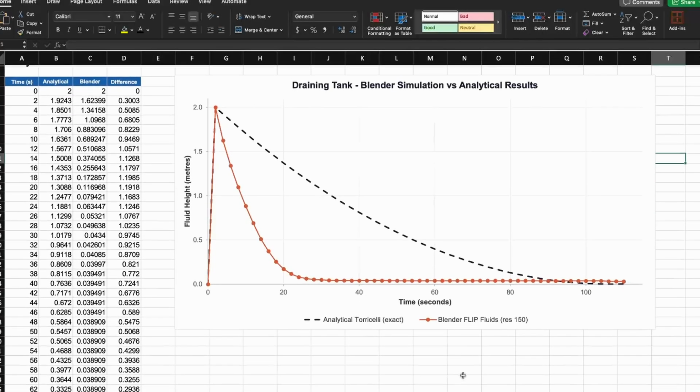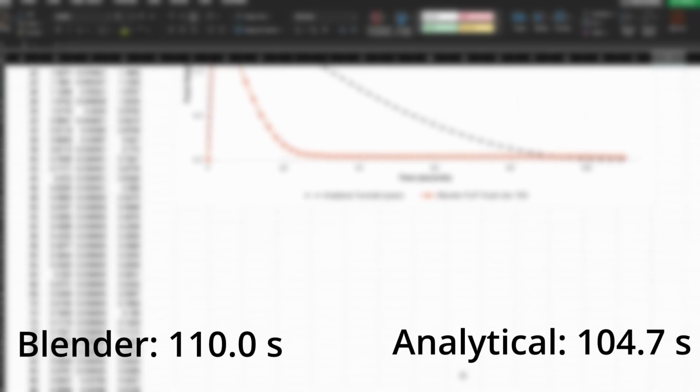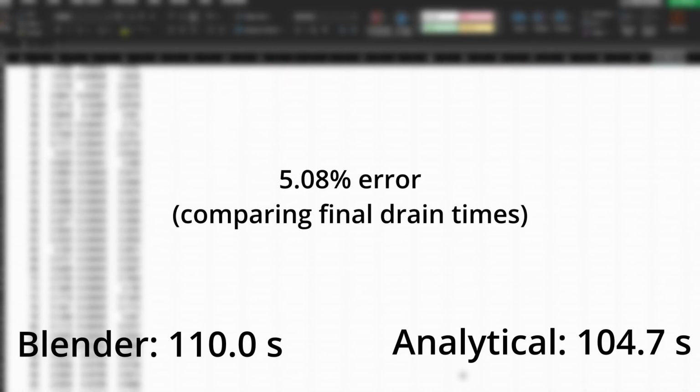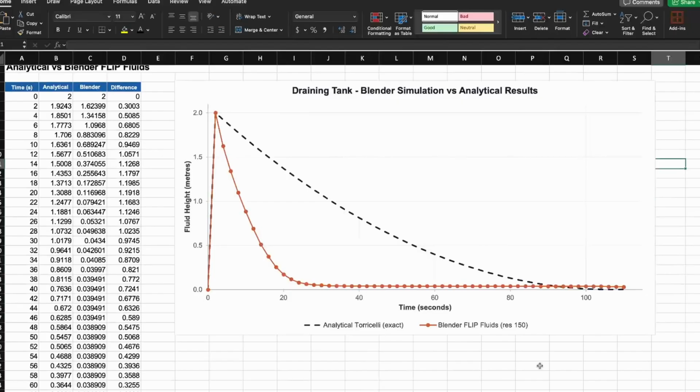If you just compare drain time, Blender looks really good. It drained the tank at 110 seconds. The theoretical answer was around 105. That's under 5% error, which sounds like Blender is basically nailing the physics.